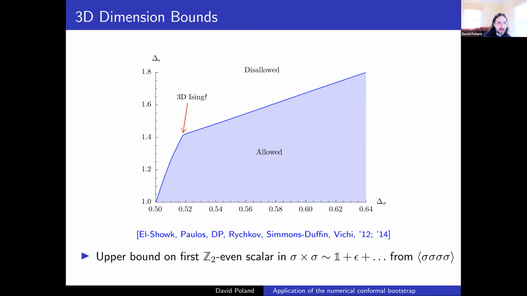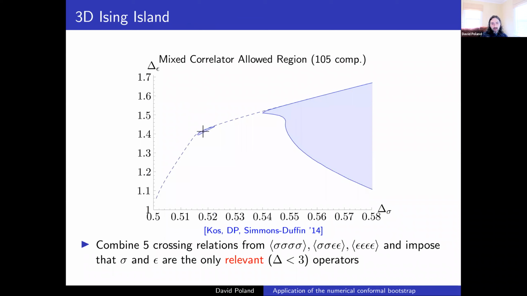Now the question is, can you go further, and can you take advantage of this fact that the 3-dimensional Ising model seems to sit at a kink, and find a way to further isolate it, maybe make some more rigorous predictions for the scaling dimensions of this model. And the way to do this is to go to a larger system of crossing relations. So in particular, if you go to the crossing relations involving both sigma and epsilon, here we're also assuming a Z2 symmetry where sigma is odd and epsilon is even.